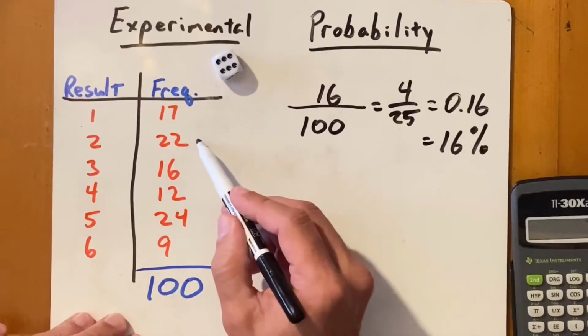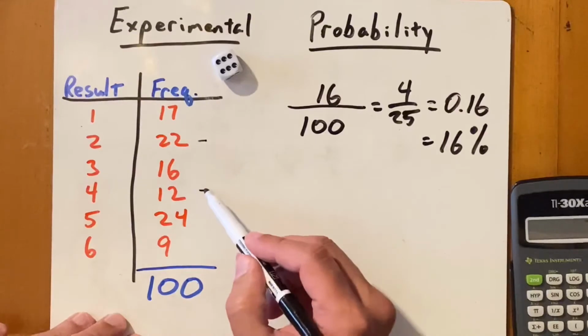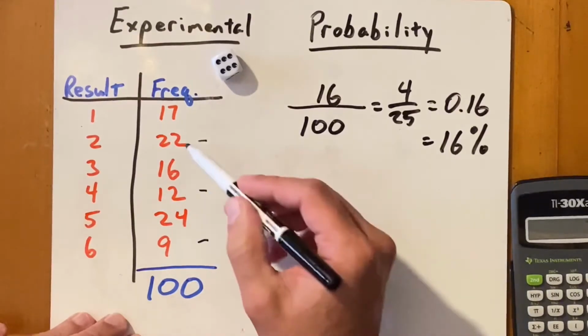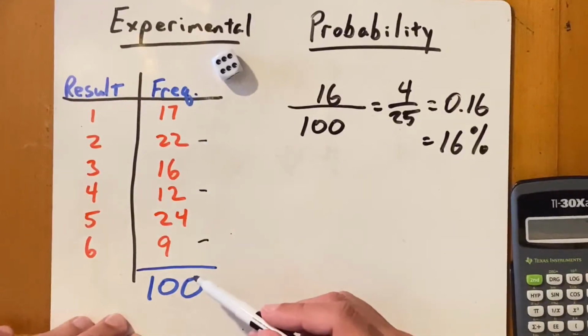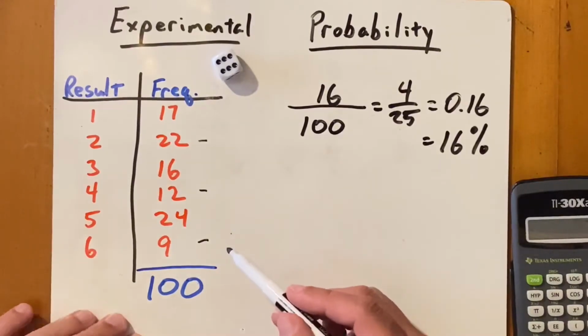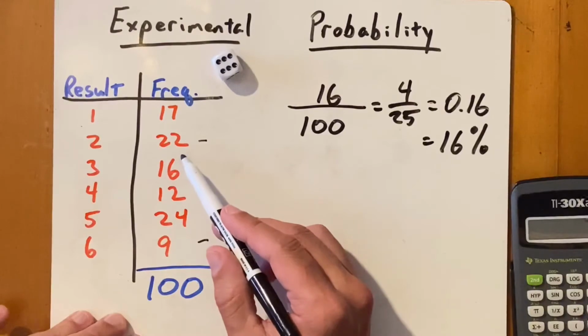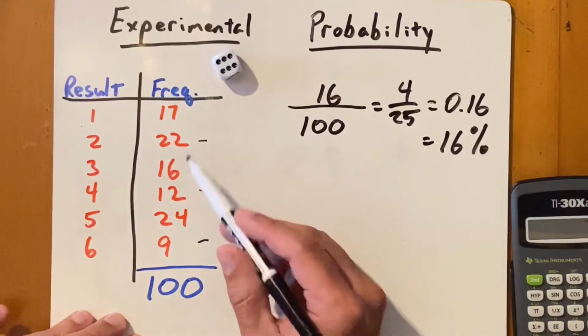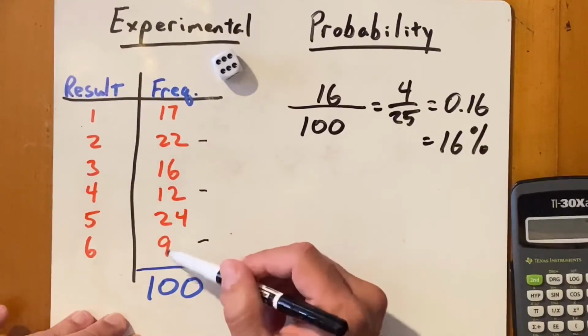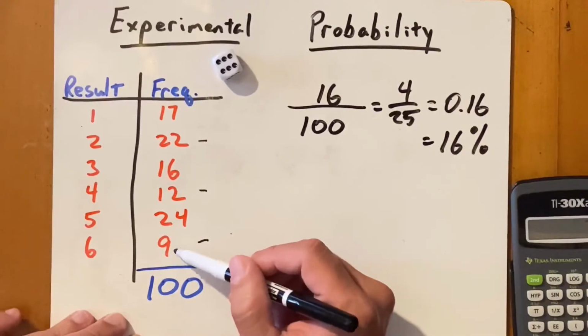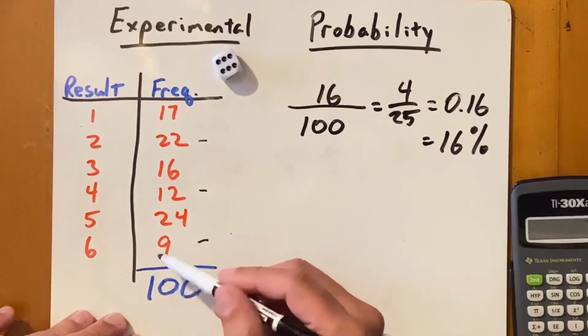I'm going to take the frequency for the 2, the 4, and the 6 and add those together, and that gives my total frequency. 2 came up 22 times, 4 came up 12 times, so that's a total of 34, plus another 9 for the 6s, so that's 43 times.